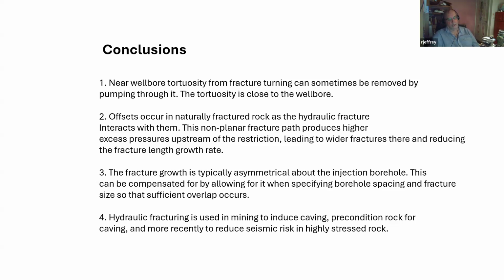But of course, on top of that, there can be other complexity from natural fractures around the wellbore. And in the far field, the offsets seem to be associated with shears or natural fractures. In the laboratory, you can see roughness that's definitely associated with grain size and crystal size in igneous rocks.